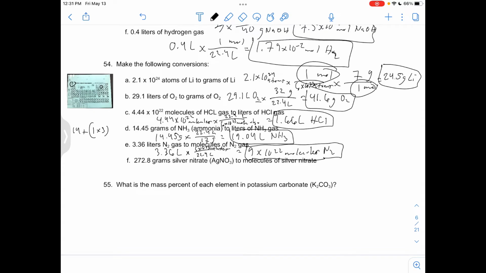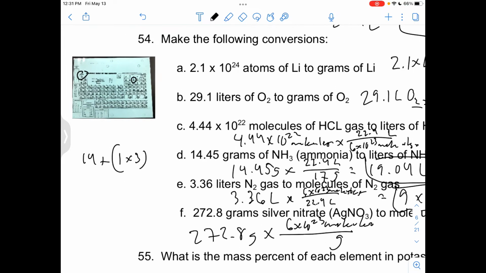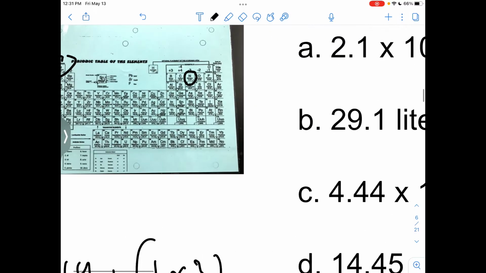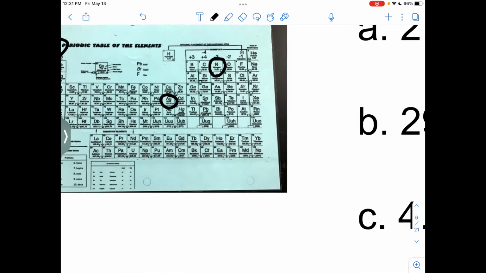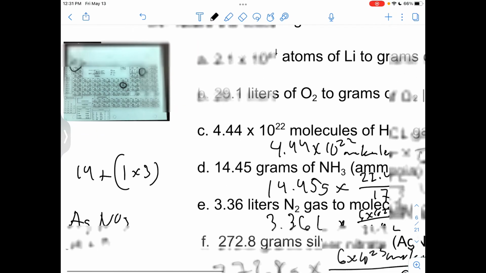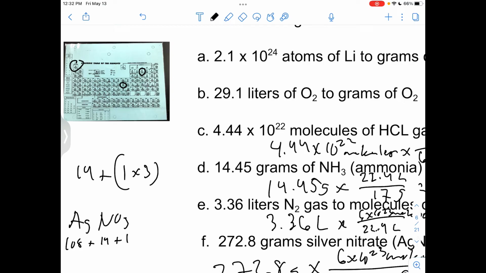Okay, for this next problem, 272.8 grams of silver nitrate to molecules. So Avogadro's number. Okay, AgNO3, let's see. Ag is 108, added to nitrogen, which I think is 14, yep, and then added to 3 oxygens.